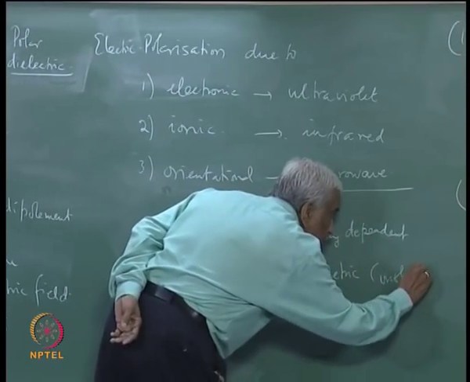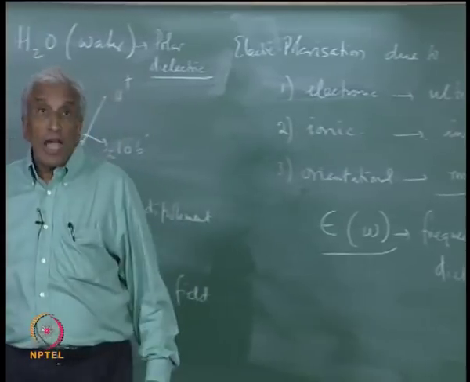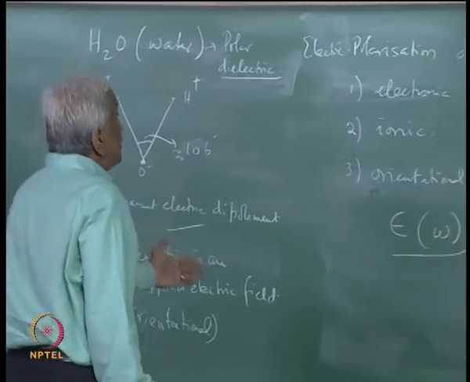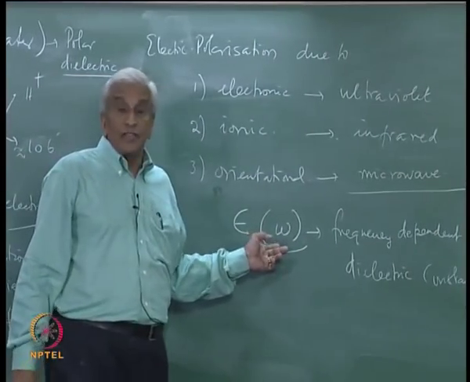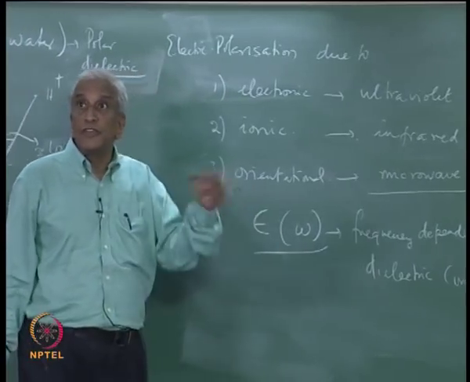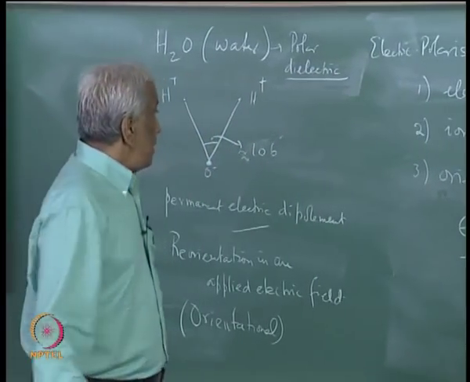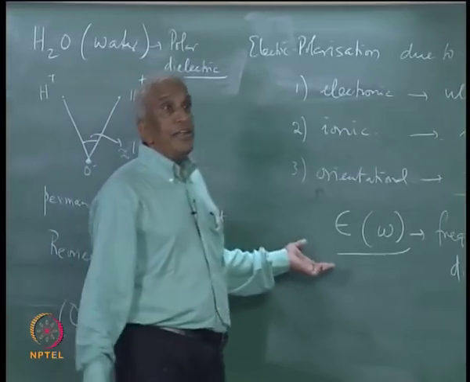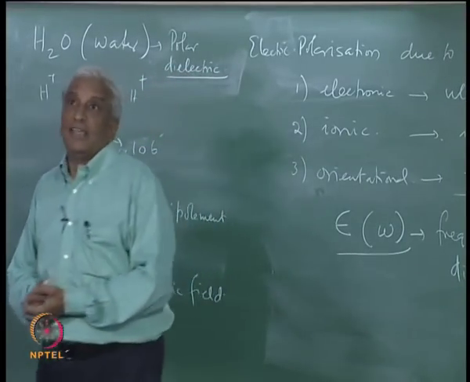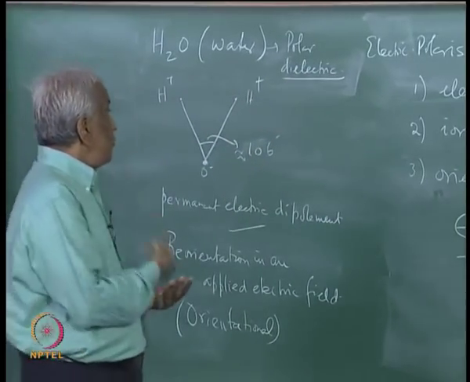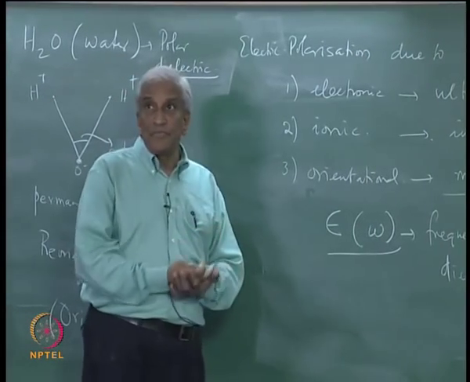And it is this frequency dependence which gives rise to a frequency dependent refractive index, because epsilon is just proportional to n squared, and therefore the refractive index determines the phase velocity of the electromagnetic wave in any given dielectric medium.